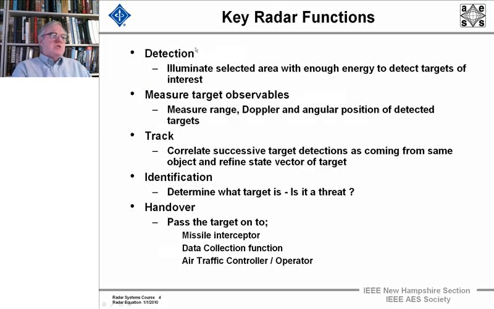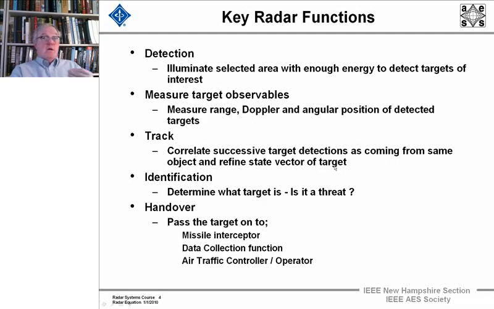First, what we want to understand, and I went over this a bit before, we want to detect the target, illuminate an area with enough energy so that we can detect the target of interest, measure the range, the Doppler, the angular position of the target, track it, and this says it a little better than I did before, correlate successive target detections as coming from the same object, and refine a state vector of the target.